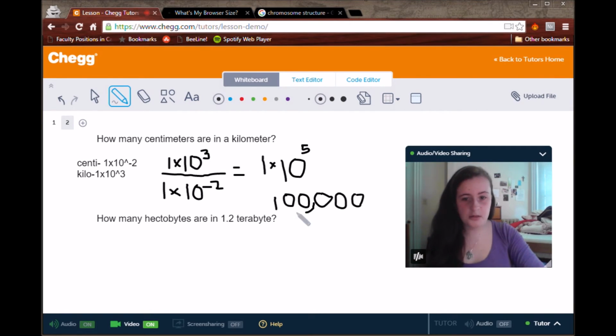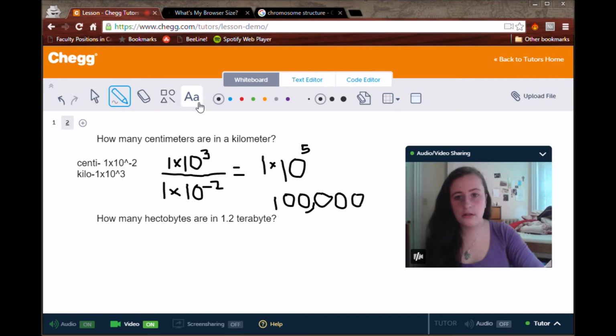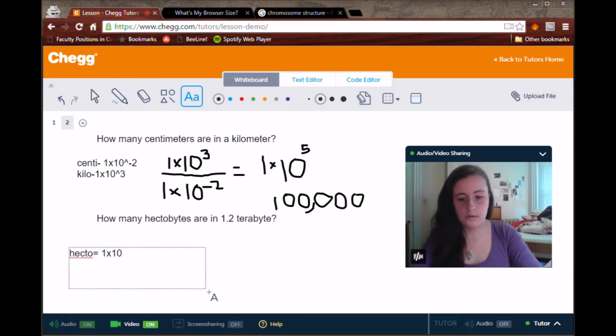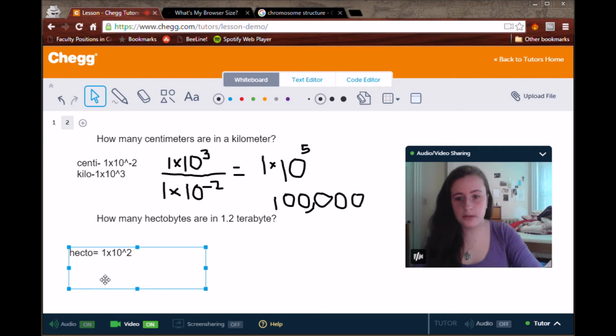Alright, and so next we're going to use hectobytes and terabytes. So hectobytes, as we saw before, hecto is for 1 times 10 to the 2, or 100. And terabytes, or tera, rather, 1 times 10 to the 12, which is a trillion.